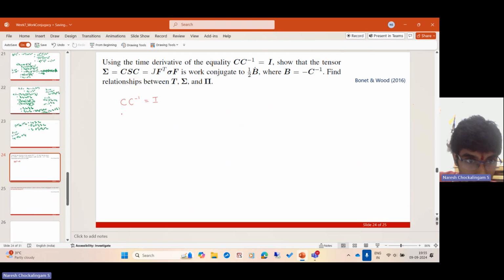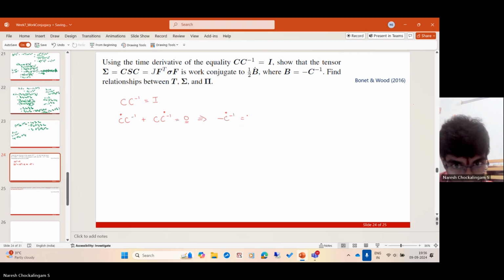Take time derivative. So we get C dot C inverse plus C C inverse dot is equal to 0, which is a tensor. Let me not skip any steps. So C C inverse dot is equal to minus C dot C inverse.